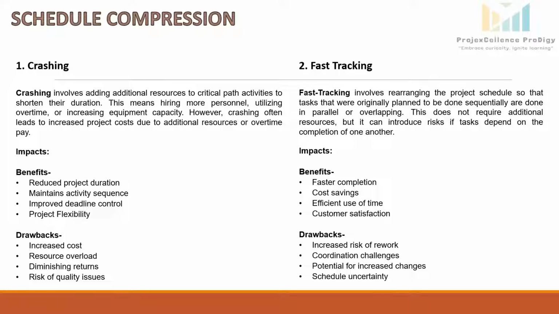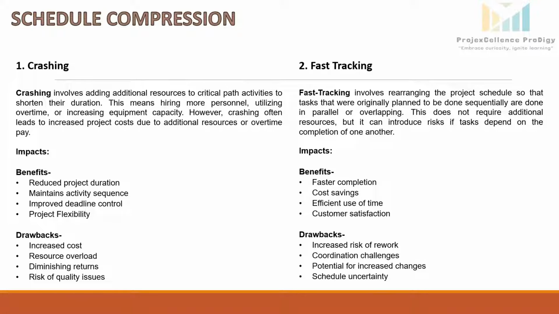Now we talk about drawbacks. So, increased risk of rework. Overlapping tasks can increase the risk of mistakes or rework since one task might depend on the accurate completion of another task still in progress. Coordination challenges. Multiple teams working on parallel activities require more coordination. It can lead to communication problems, delays, or inefficiencies.